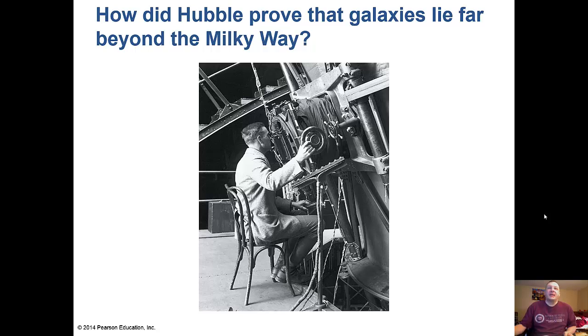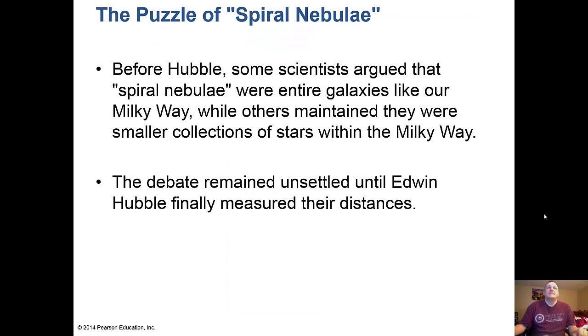So here's Edwin Hubble, famously at the telescope from Marshfield, Missouri. How did Hubble prove that galaxies lie far beyond the Milky Way? Before Hubble came along in 1929 and decided this, we thought everything was in our own little galaxy, but then he proved otherwise.